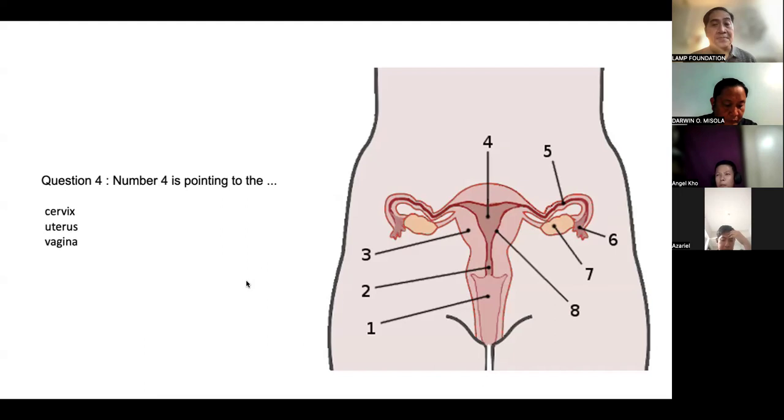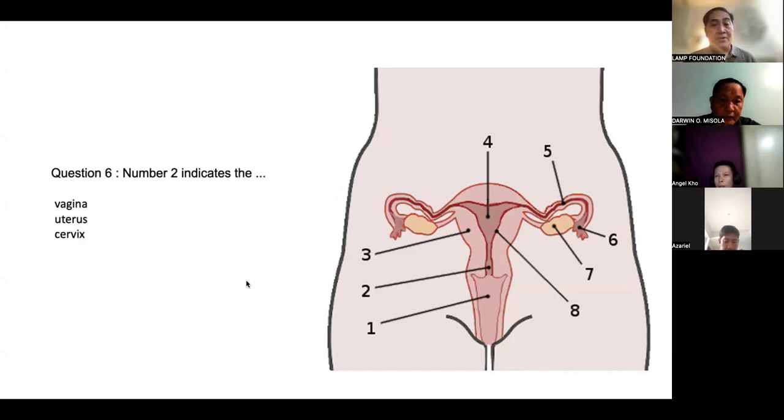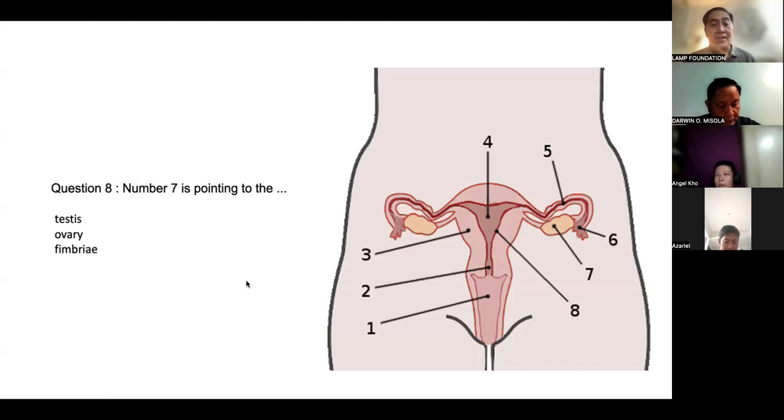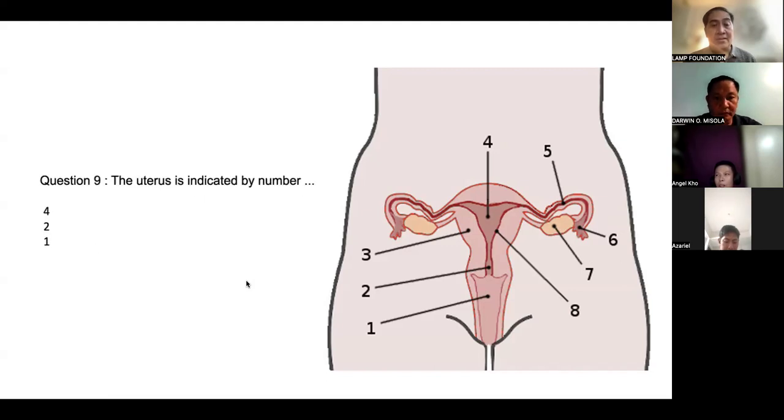Number 1. Number 4 is the uterus. The endometrium is number 8. Number 2 is the cervix. Which number is the fallopian tube? Number 5. Number 7 is the ovary. The uterus is number 4.